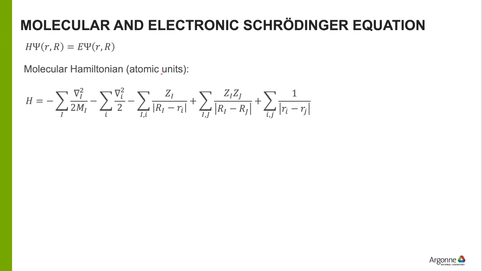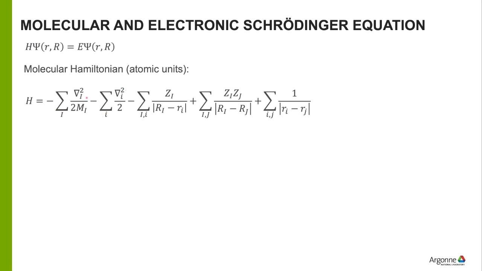In atomic units, the Planck constant is equal to 1, and also the charge of electron equals 1. That's why it might be different from what you've seen before. So this first term is the nuclear kinetic energy, where capital indices label nuclei, the lowercase indices label the electrons.